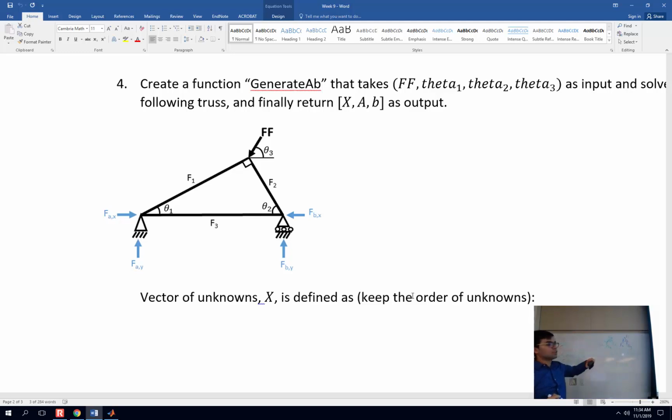In the x direction, what's the element of F2 in the x direction?